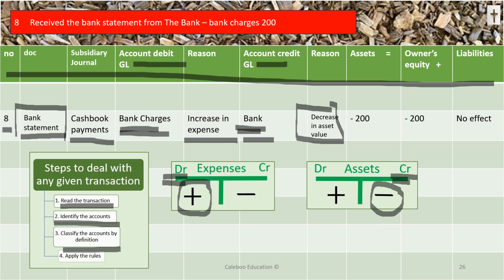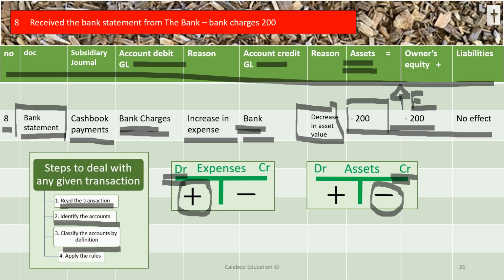The effect on the accounting equation, our bank balance decreased, so it's minus 200 underneath assets, and bank charges is an expense, and an increase indicated by this arrow going upwards. An increase in expense results in a decrease in what the owner is worth, and there's no effect under liabilities.